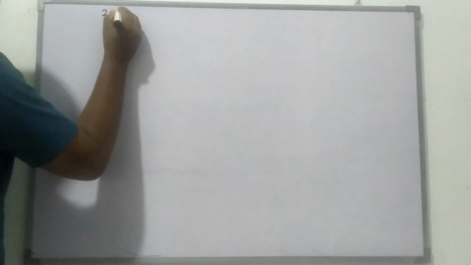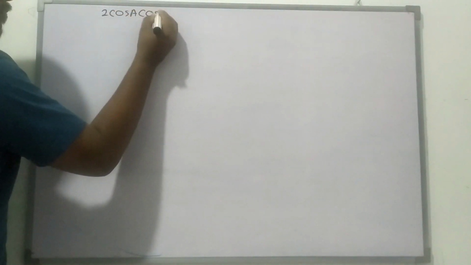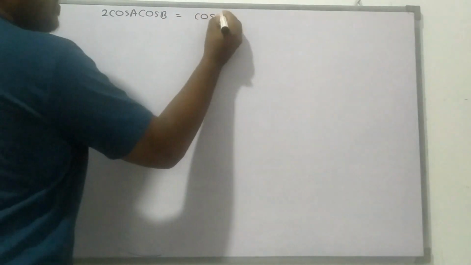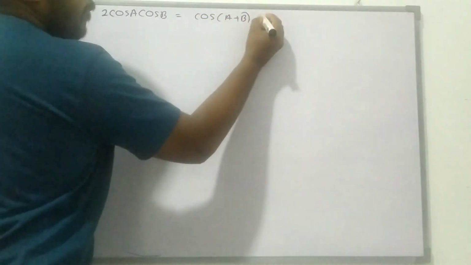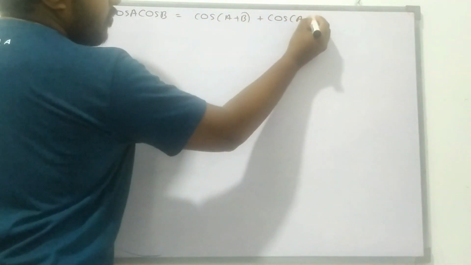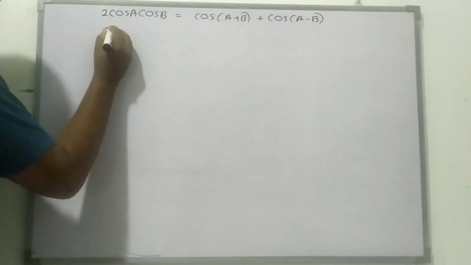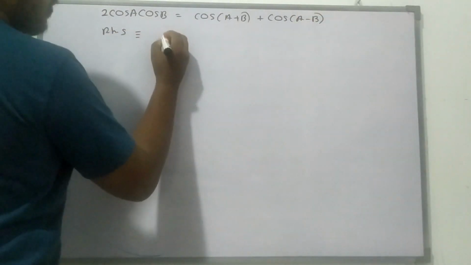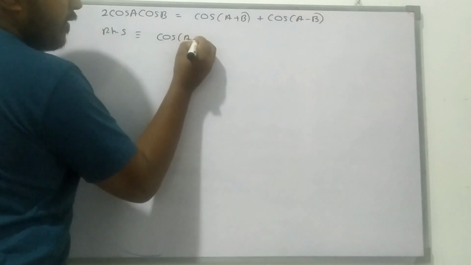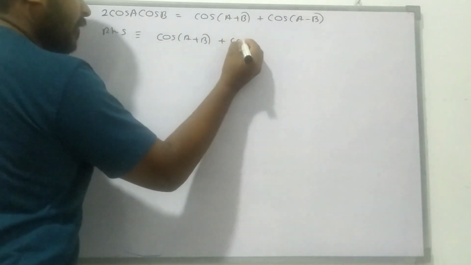Okay, the next one was 2 cos A cos B, which is cos(A plus B) plus cos(A minus B). I'm starting from the right-hand side: cos(A plus B) and cos(A minus B).